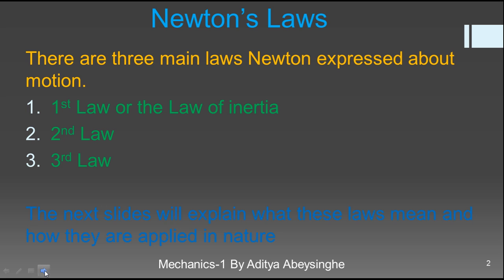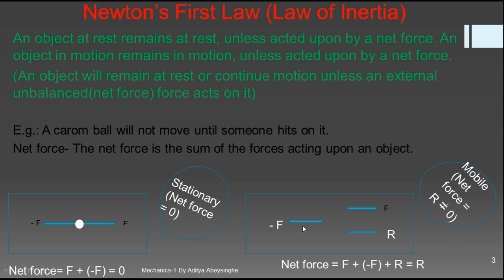Before explaining these laws, I will always use a practical example so that you are well aware of the concept I'm going to talk about, and then I'll explain the law. To begin with, I'll explain Newton's first law. As I mentioned, it is also called the law of inertia, and I will use a simple example.